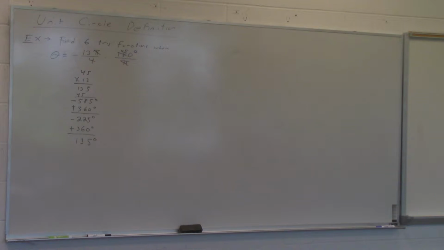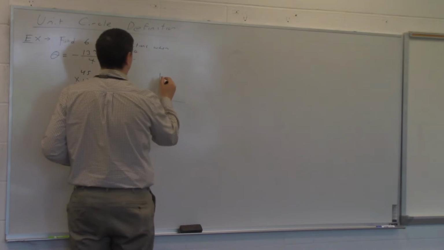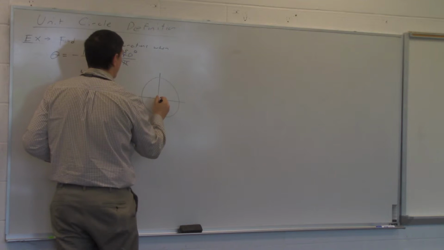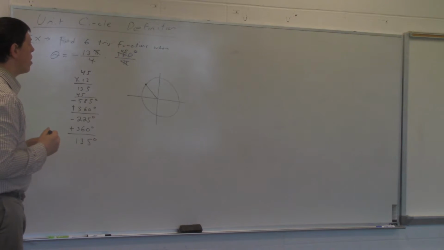So the good news is that we just convert the degree measure, and then we can just use the coterminal angle. Now you can do it a lot quicker than I did because you're going to have a graphing calculator or any calculator available. And all you're going to do is just find what happens at 135 degrees. So on your unit circle, 135 is going to end up in quadrant number 2.